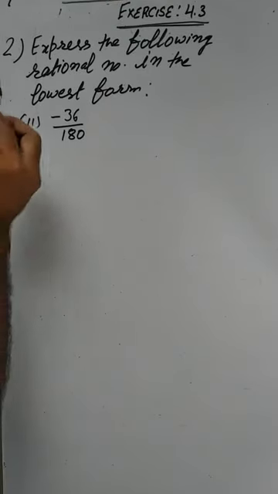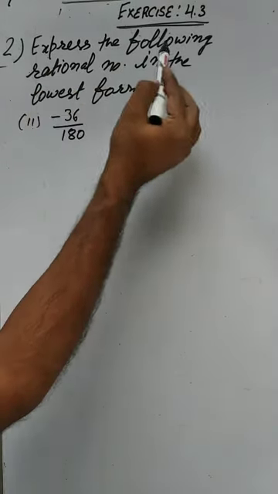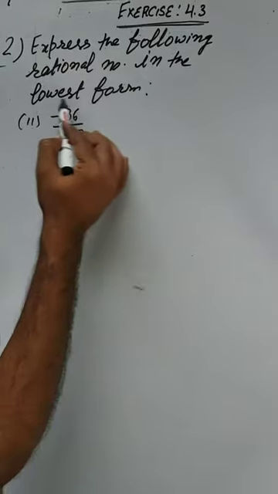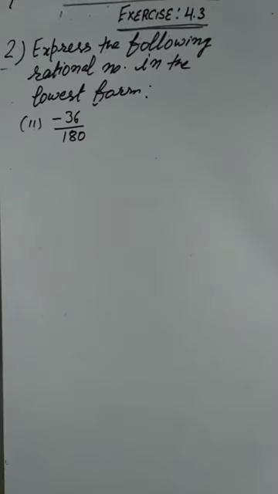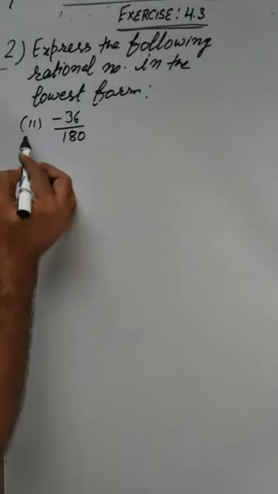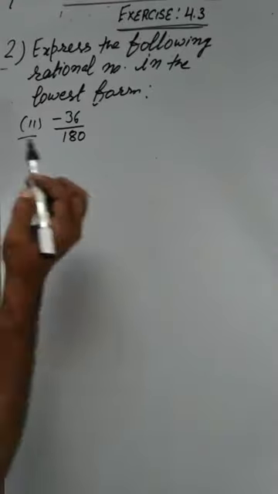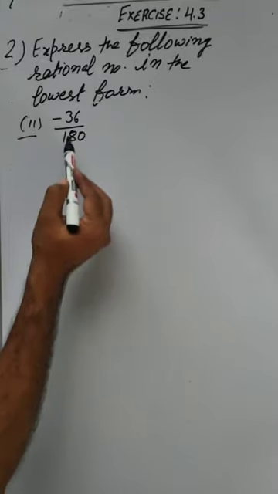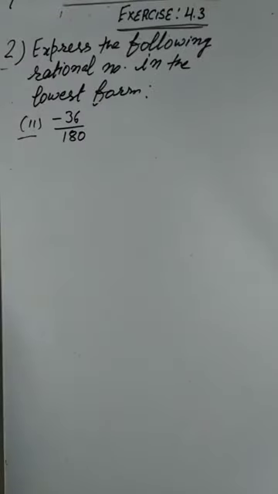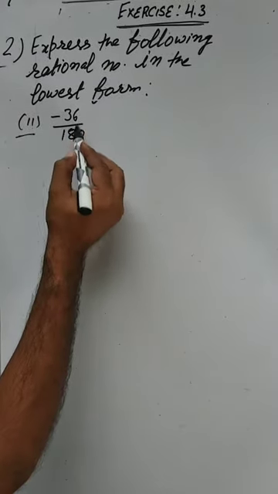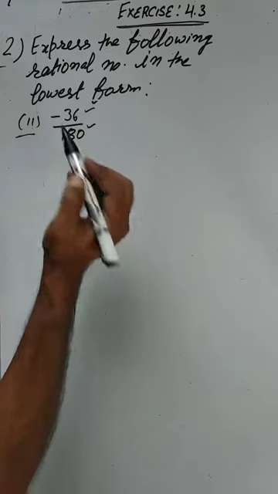Yes, beta, your question second is: express the following rational numbers in the lowest form. The first is easy. You try it by yourself. I'm starting from the second question. Minus 36 upon 180. I want to change it into lowest form. I already explained in the start how to change a rational number into lowest form. First of all, find the prime factors of numerator and denominator.